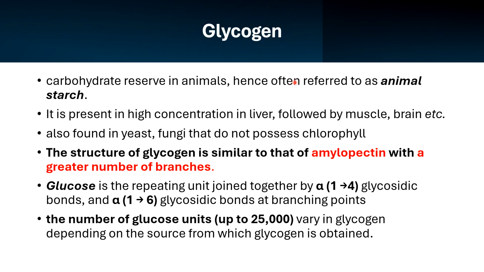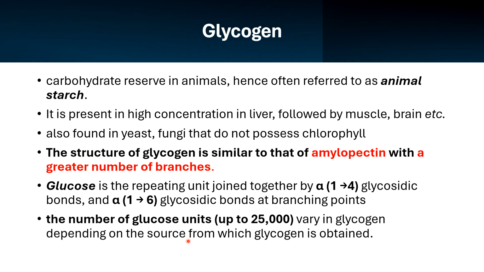Now coming to the structure of glycogen, it is similar to that of amylopectin. What does this mean? It will have a main body made up of alpha 1,4 linkage, and branching will be present, in which the glycosidic bond will be alpha 1,6. So what's the difference between glycogen and amylopectin here?